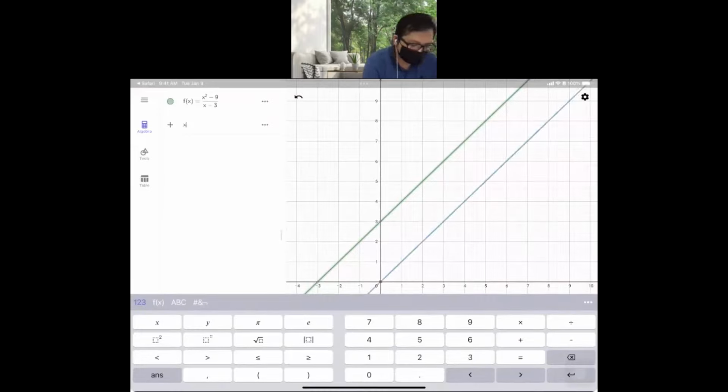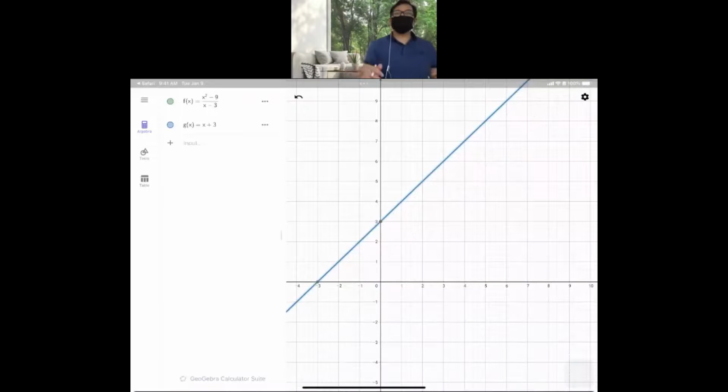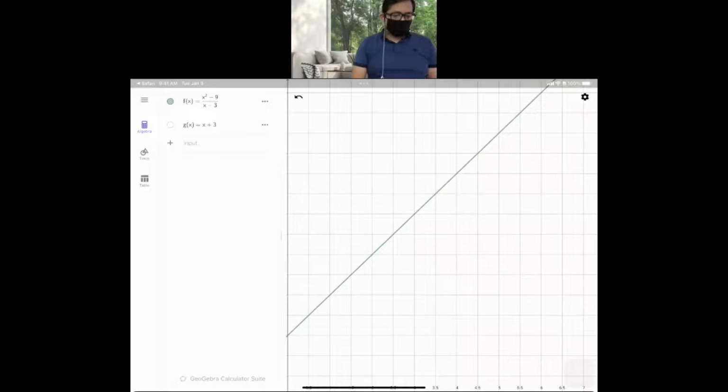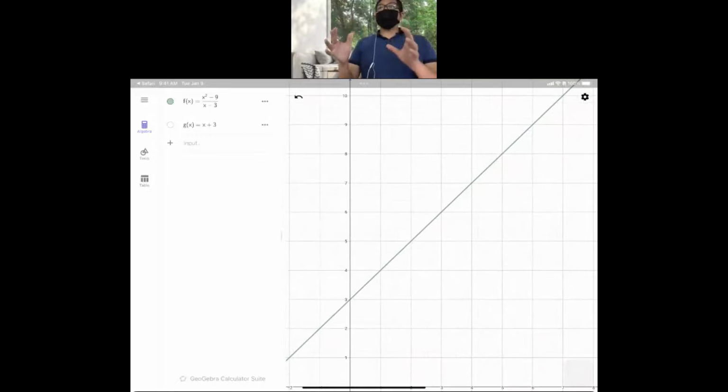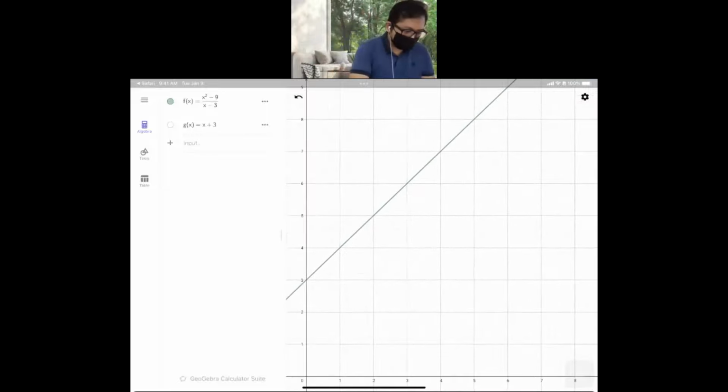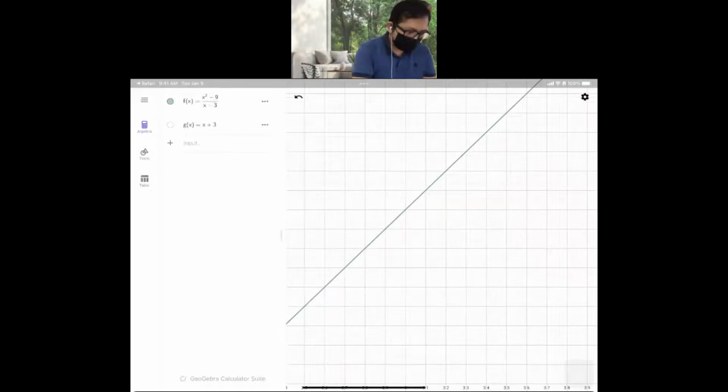Well, x plus 3 is just the same line. They are both the same line, but the difference is one function here, and if you use the graphing calculator, you will not see the undefined point.